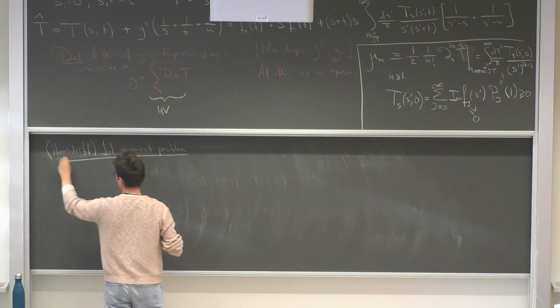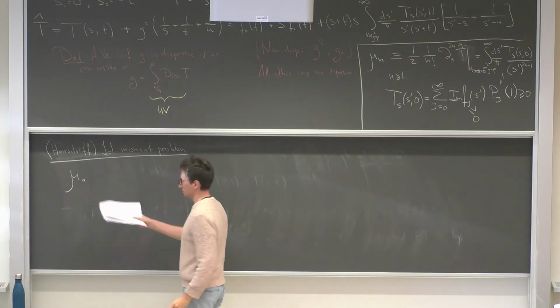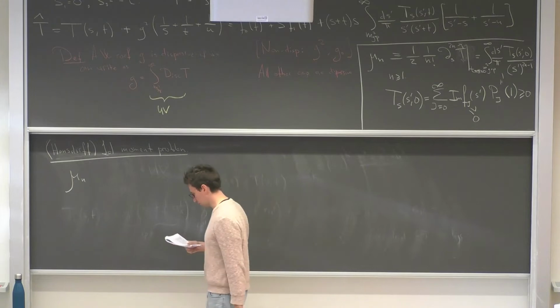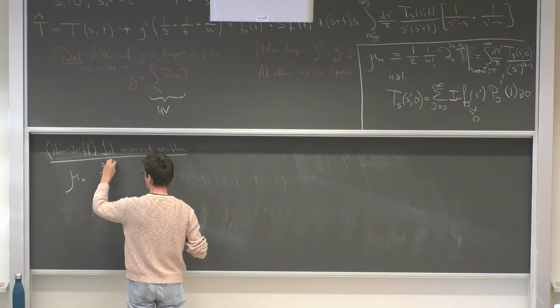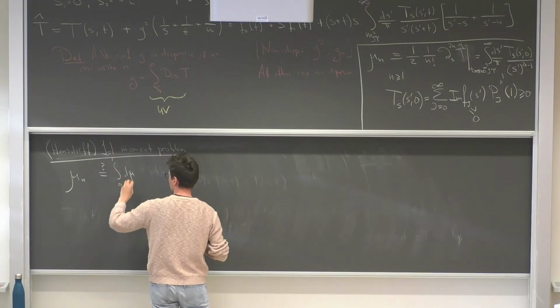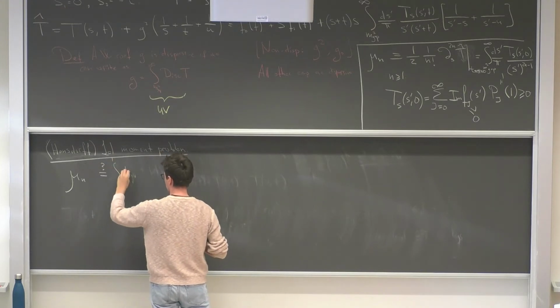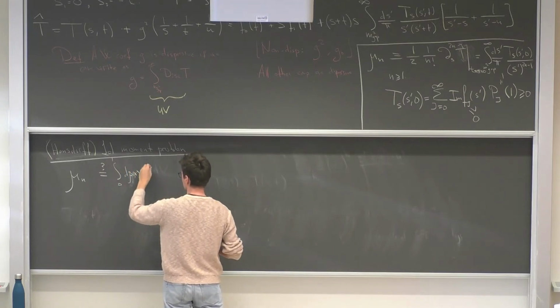Imagine someone gives you a set of numbers. The question is, can you write this set of numbers as the integral from 0 to 1 of some positive density, like we had here, times x to the n?